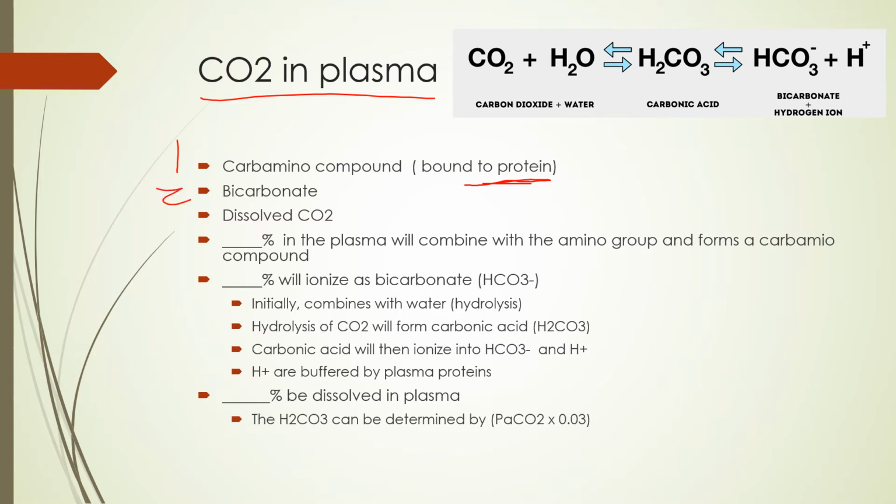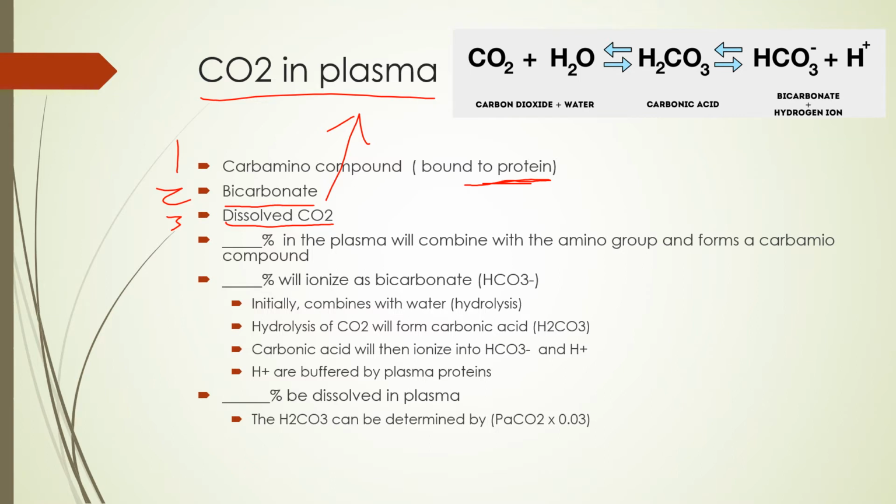The second way is bicarb in the plasma, right? So this is bicarb in the plasma. And then the third way, just like your little PaO2, is where it just gets dissolved in the plasma. So this is just where it still exerts its pressure. That's where you get the PaCO2 and the PvCO2.